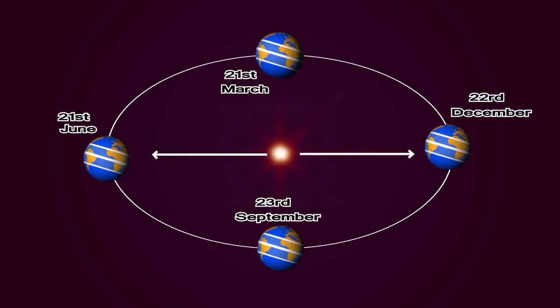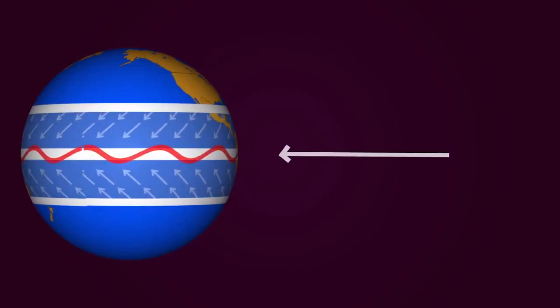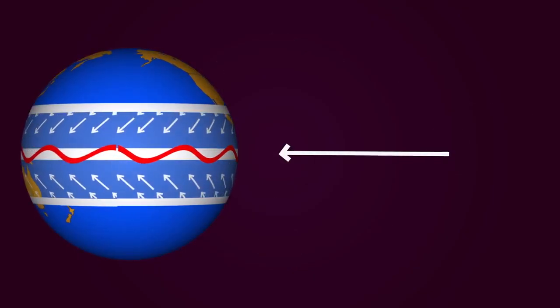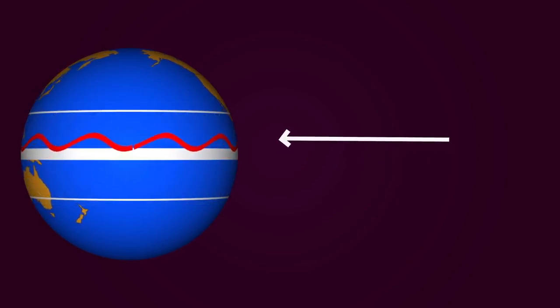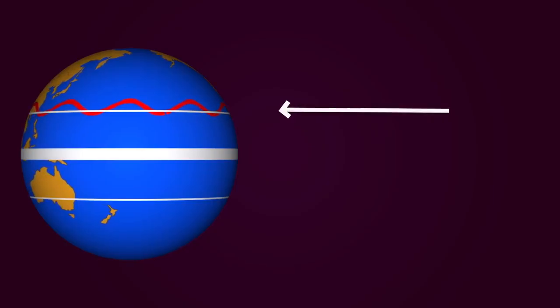And once again, when we come to 21st March, the vertical rays of the sun fall on the equator. So from 21st March till 23rd September, the vertical rays of the sun fall in the northern hemisphere, and the apparent movement of the sun is in the north.